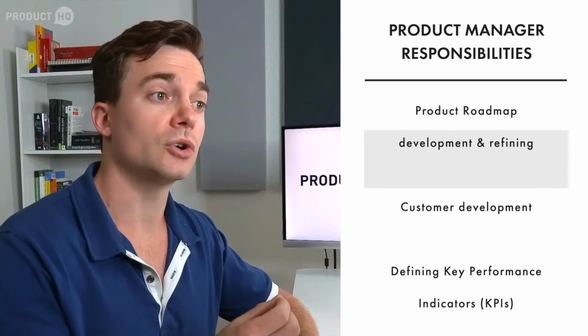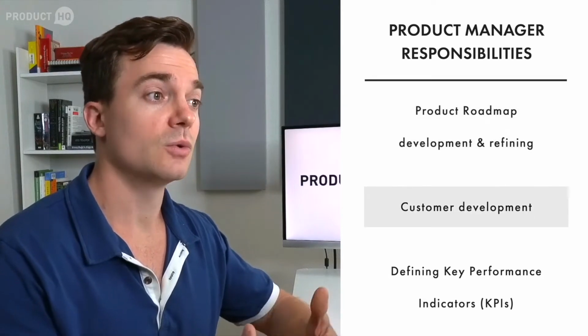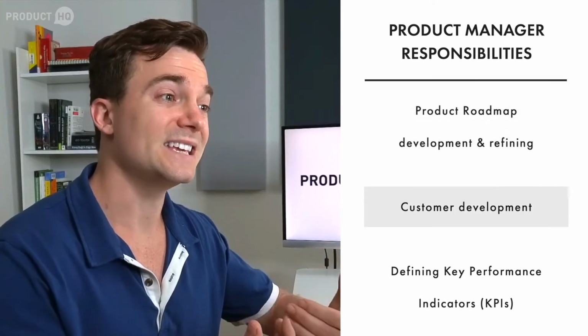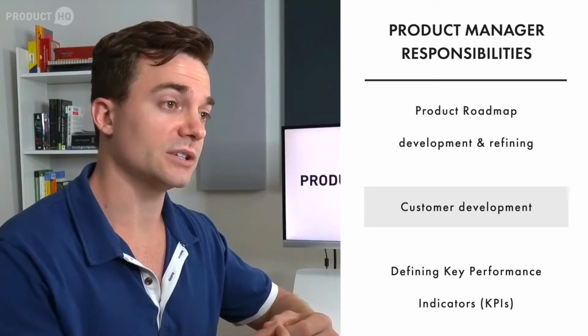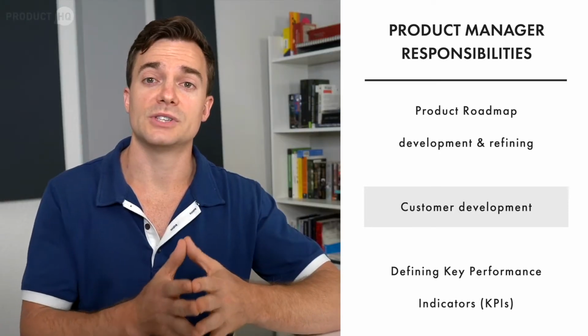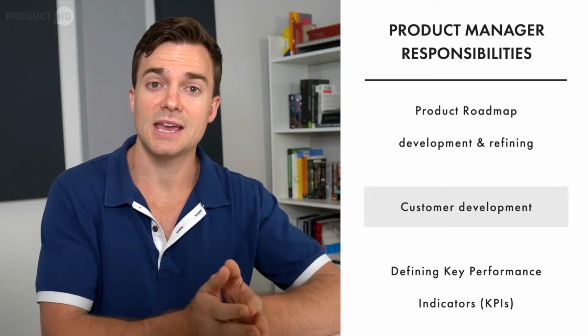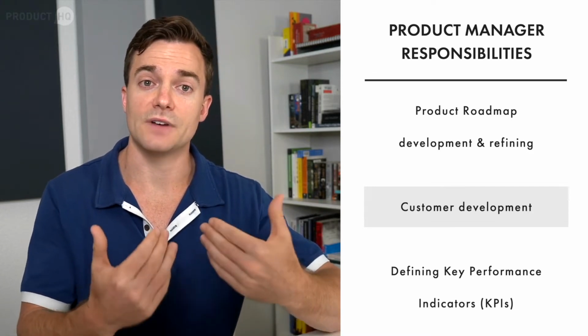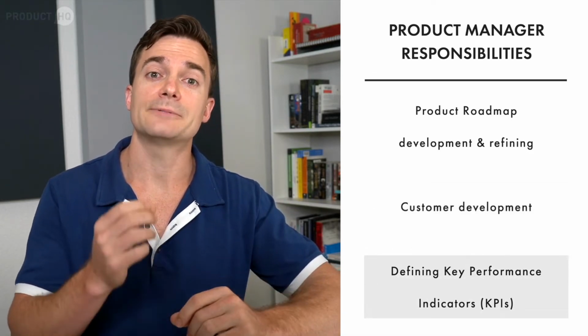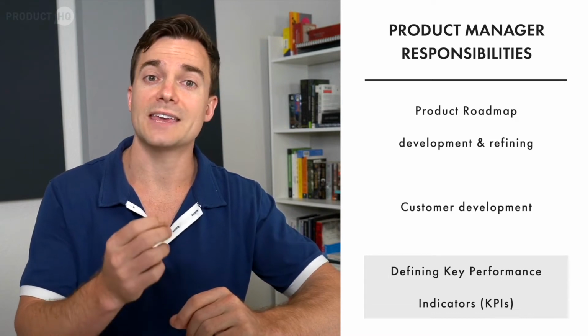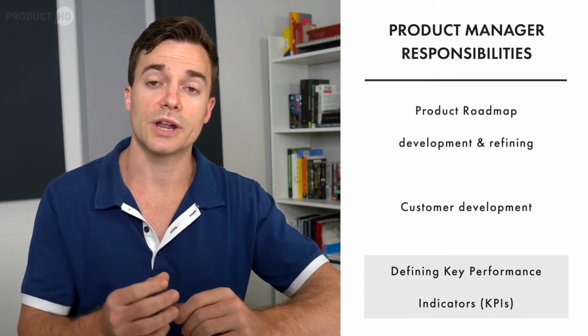Traditional PMs are also responsible for customer development, which is conducting research to understand the needs of the market and the behaviors of customers. The product manager incorporates this information into a product's design and may make changes to the project development accordingly. The PM keeps the organization on track by defining key performance indicators and coordinating with other teams to reach company objectives. This involves collaboration with other department heads and specialized data teams.